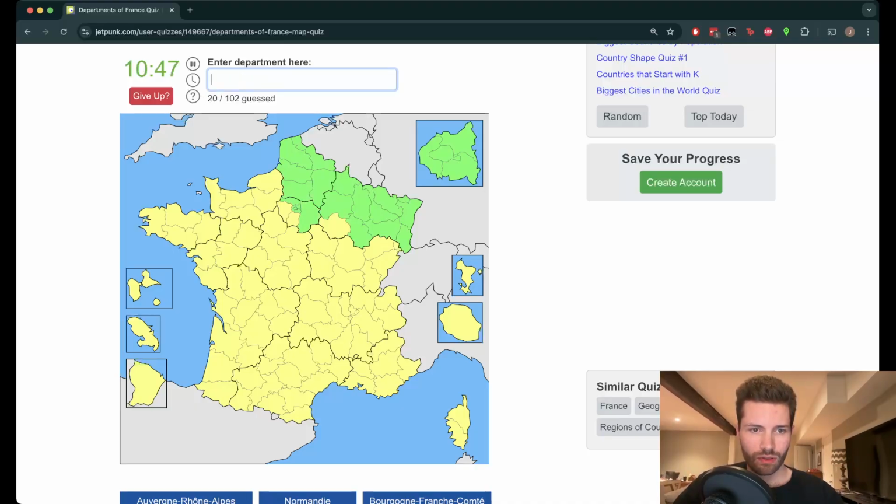Seine-et-Marne. What's the one there? Aube, Yonne, Nièvre, Allier.